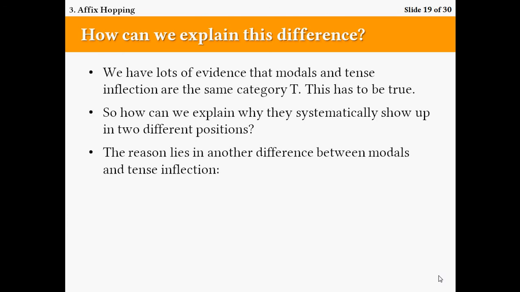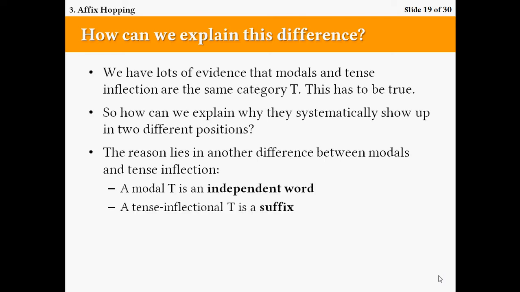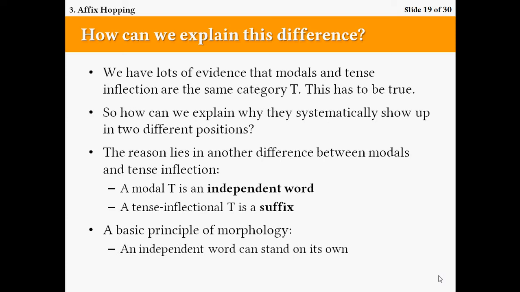Well, the reason lies in another obvious difference between modals and tense inflection, which is that a modal is an independent word, whereas the tense inflection, that other kind of T, is a suffix. It's not an independent word. There's a pretty basic principle of morphology which says a word is something that can stand on its own, a free form, whereas a suffix has to attach to something.